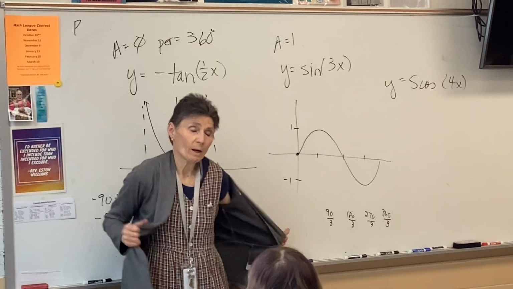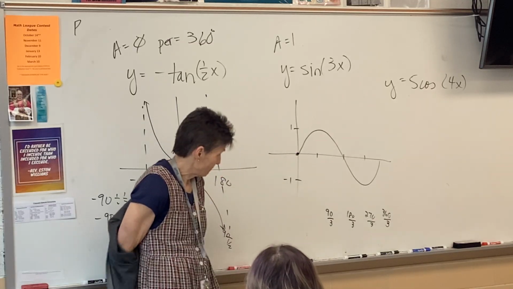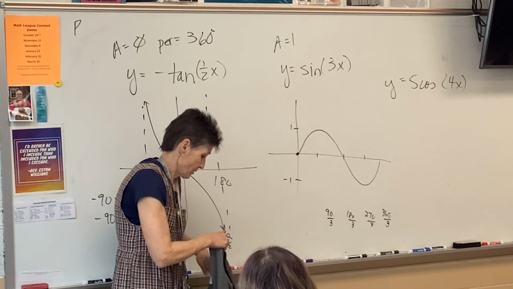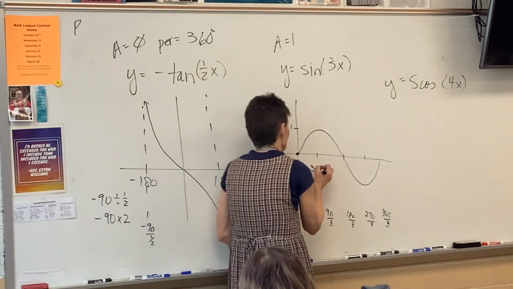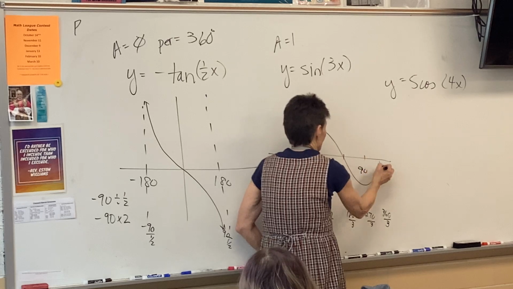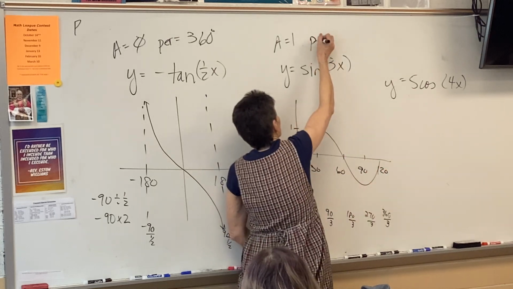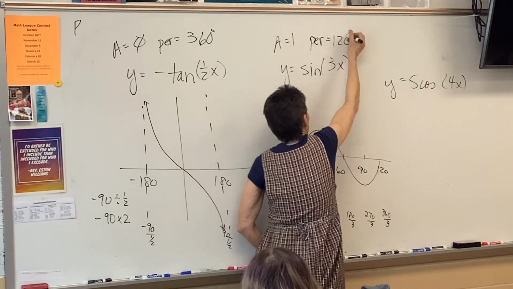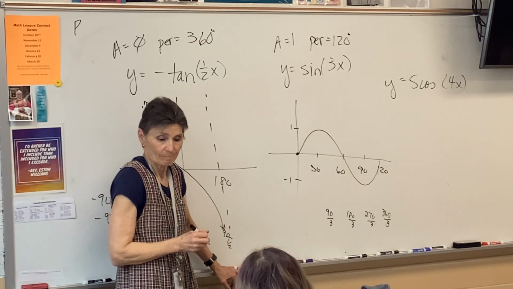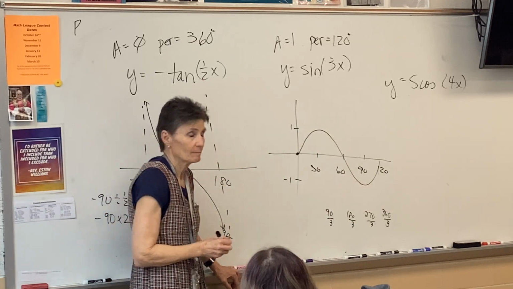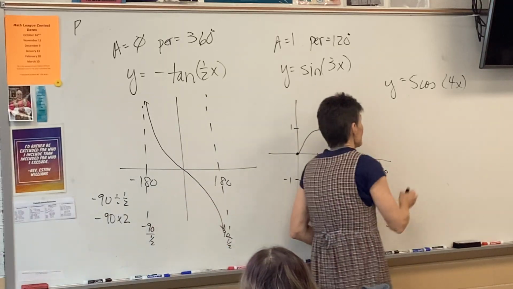Yeah. So what are the new labels then? 30, 60, 90, 120. Yep. So my period is 120 degrees. Right? Easy.